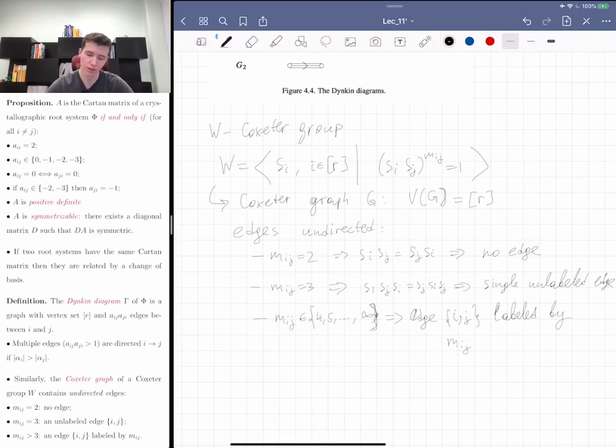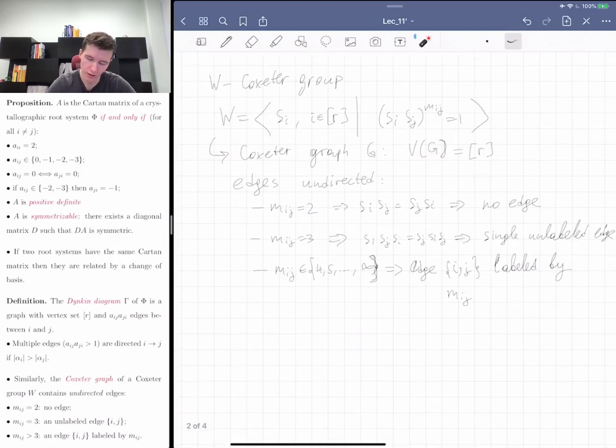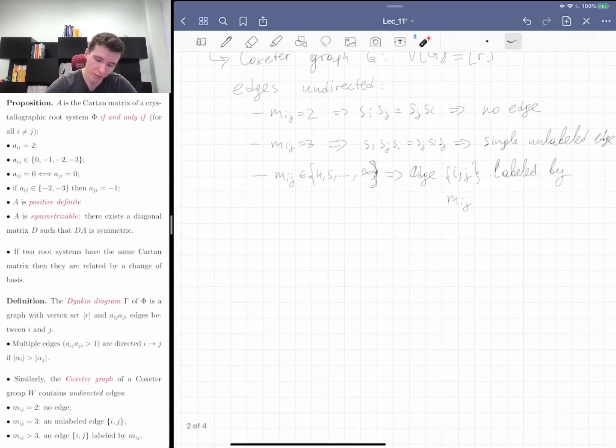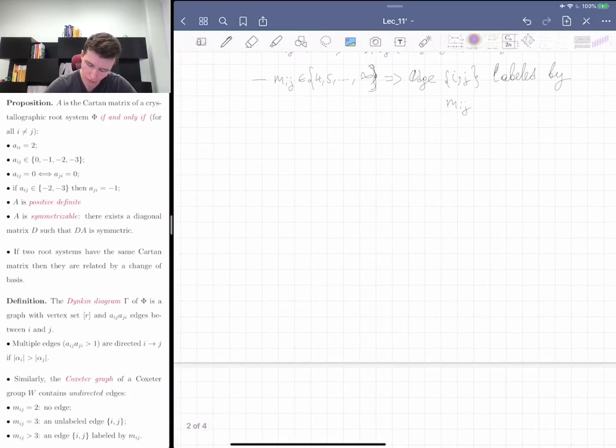So some edges are going to be labeled by integers 4, 5, up to infinity, corresponding to these more complicated relations. Here is a picture. I'm going to put them side by side. The classification, oops, I guess.